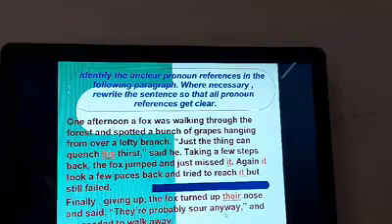They are probably sour anyway. Finally, giving up, the fox turned up his nose and said, they are probably sour anyway. The grapes are probably sour anyway, and proceeded to walk away.